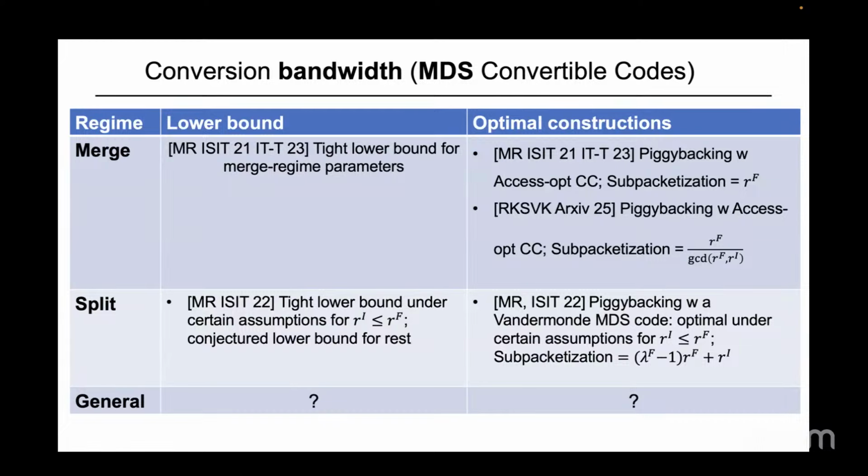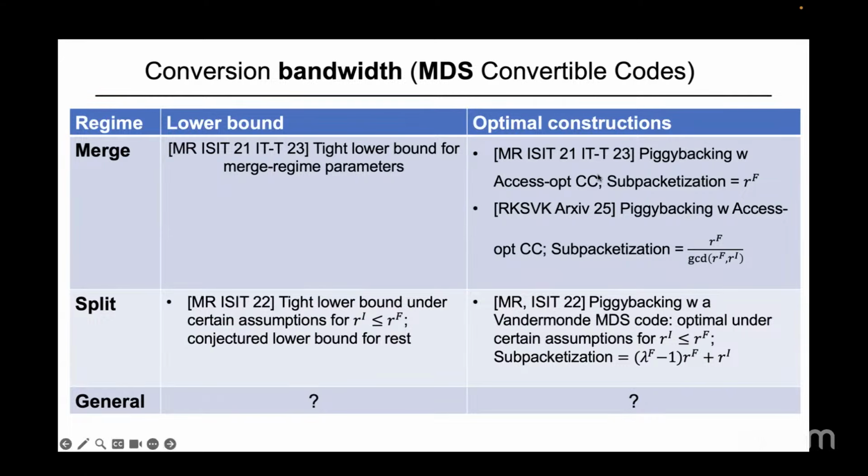The constructions known right now use access optimal convertible codes as a base code in the piggybacking framework to construct bandwidth optimal convertible codes.